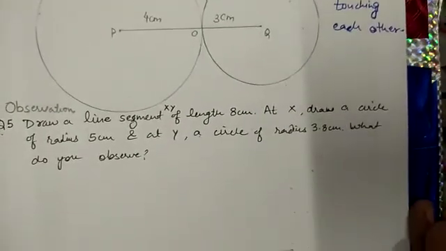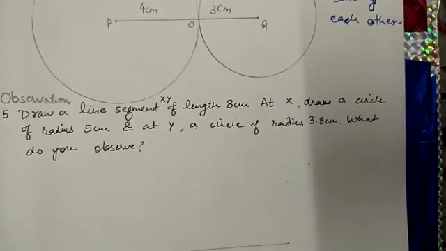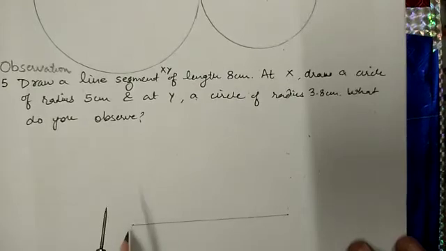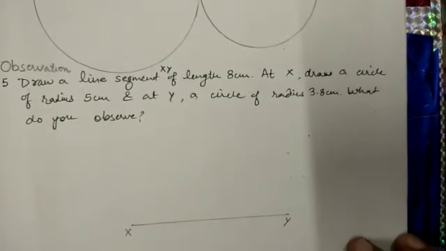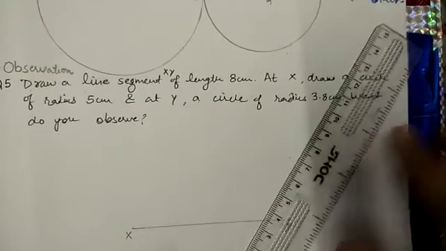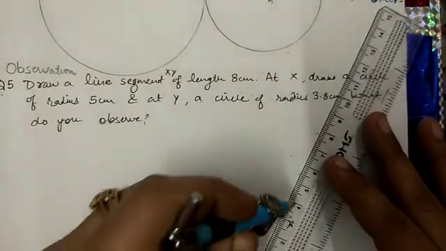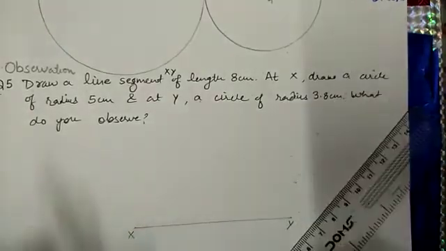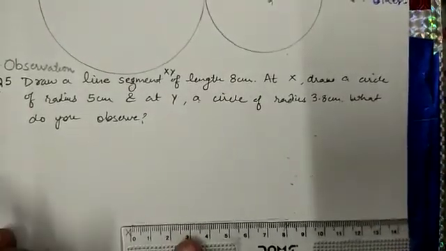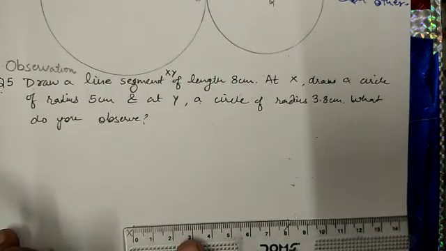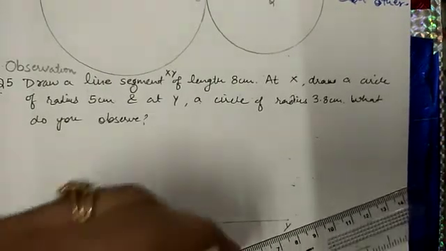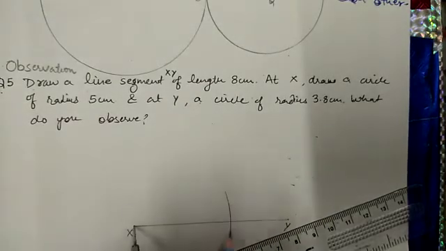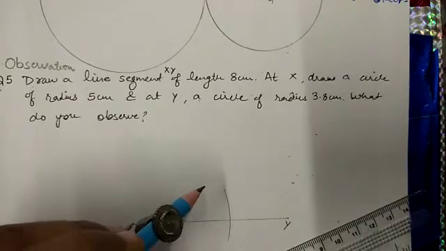Similarly, question number 5. You are to draw a line segment of length 8 cm and name it XY. At X, we have to draw a circle of radius 5 cm. Again, we will make sure that length of our line segment should be exact 8 cm and the circle that we are going to draw should be exactly of radius 5 cm.